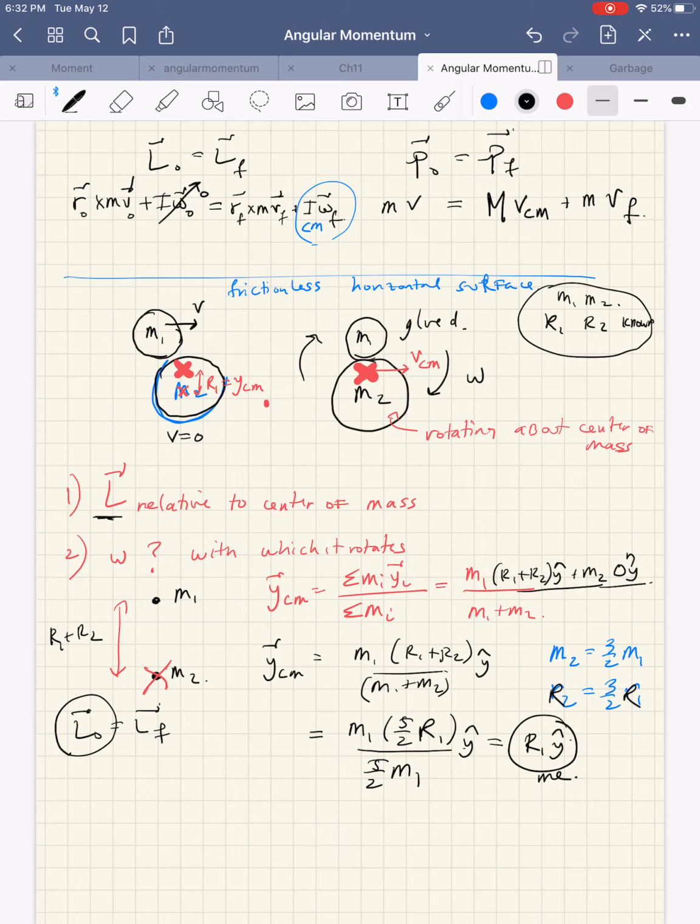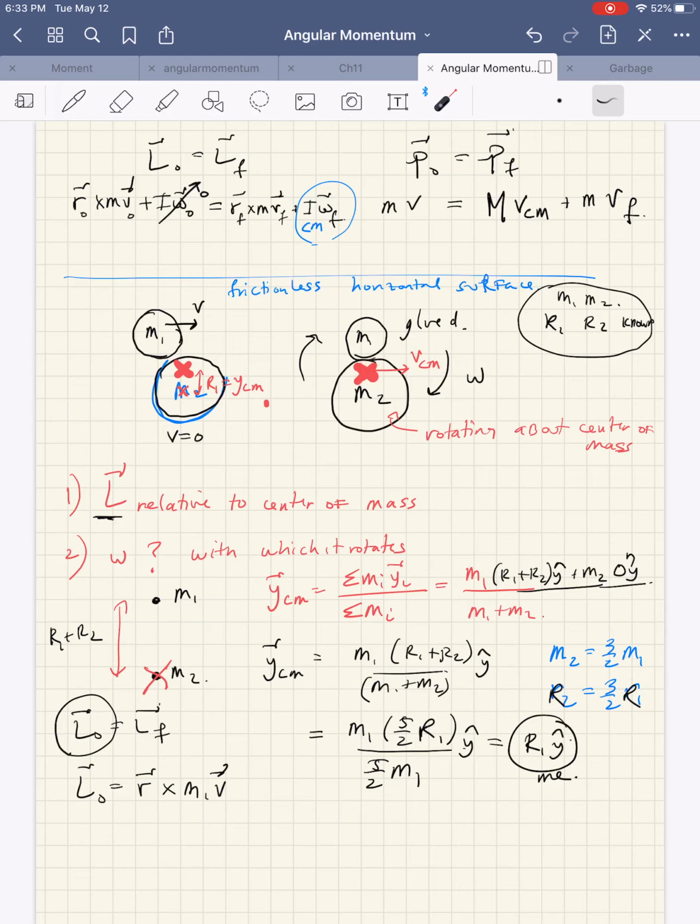Great. Initial is easiest to find because initially, this is my picture. This guy's not moving, and there's only translational momentum happening, so the initial angular momentum will be R cross M1 V, and there won't be any rigid body rotation. At the time of the collision, it actually looks more like this, right?